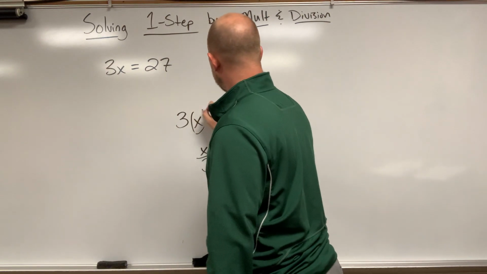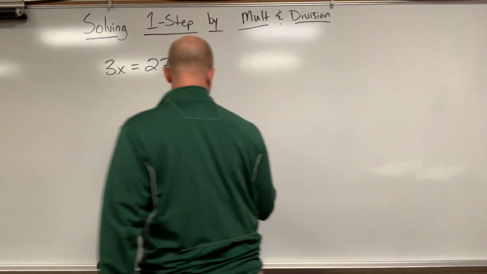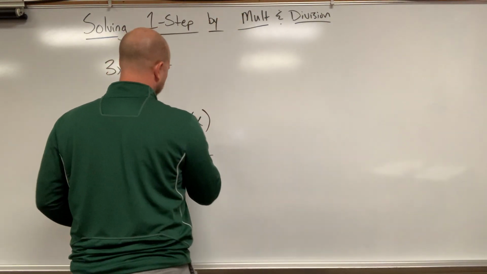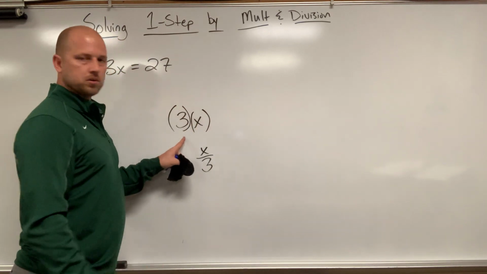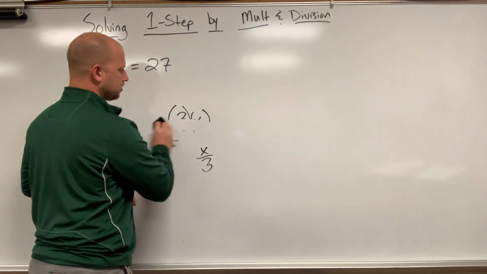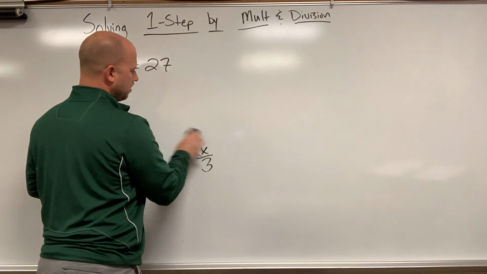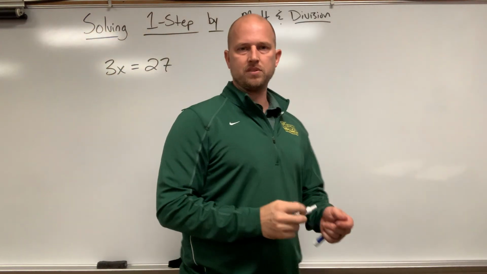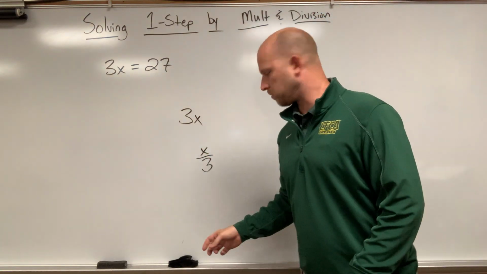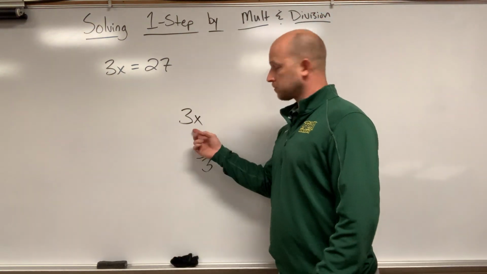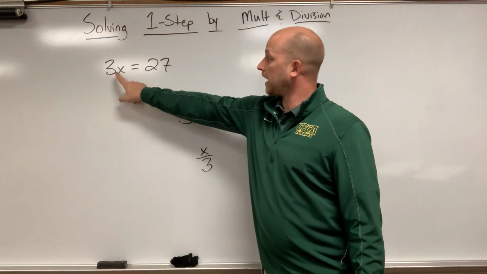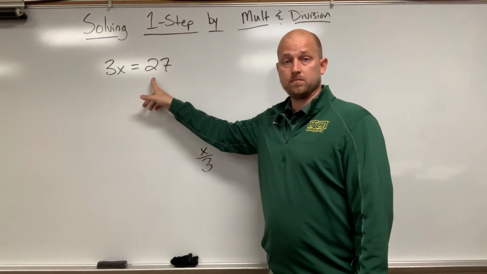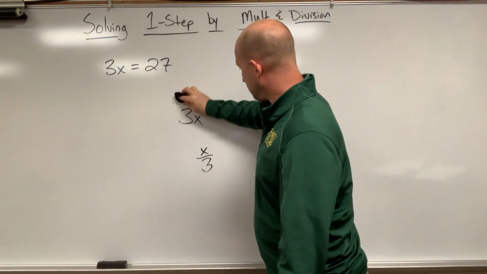It's the same as saying 3 times x. When you have a variable with a coefficient or a constant, you don't need to put any signs in between. 3x is multiplication. So we have 3 times x equals 27. So you're multiplying by 3.